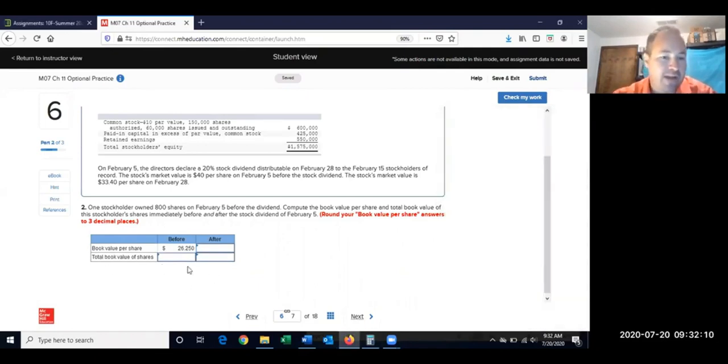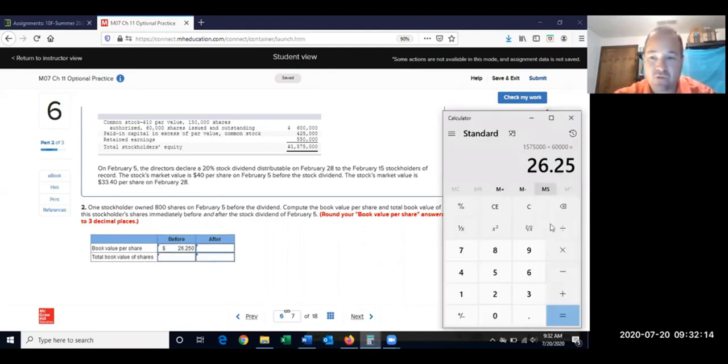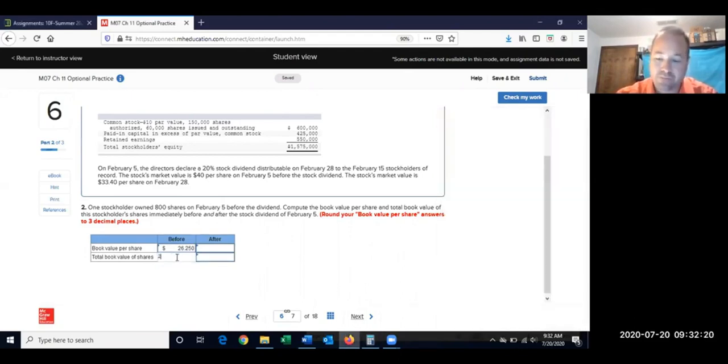And then this is total book value of his shares, the guy who has 800. So simply just take the 26.25 times 800, 21,000. Now what we're going to see then is after the stock dividend, his book value of shares should be, in a sense, about the same. It'll be a little bit off just due to rounding, but it'll be real close to 21,000. Let's see.